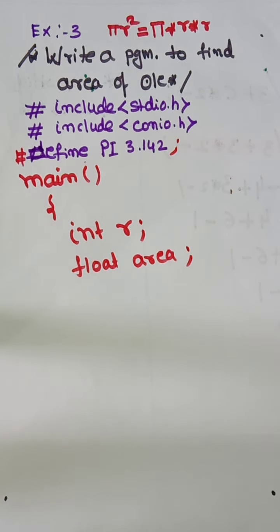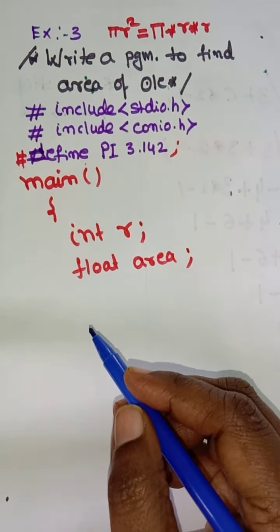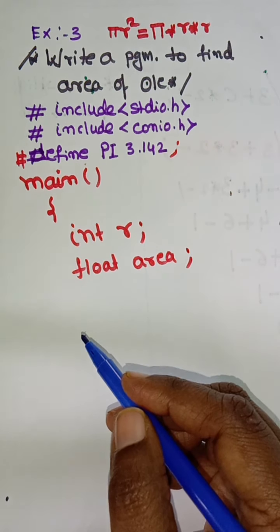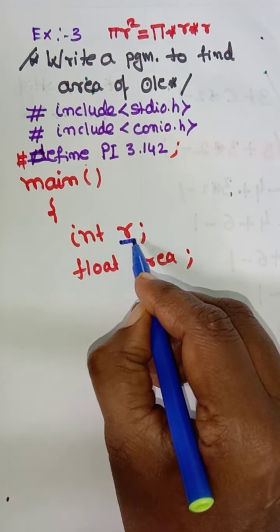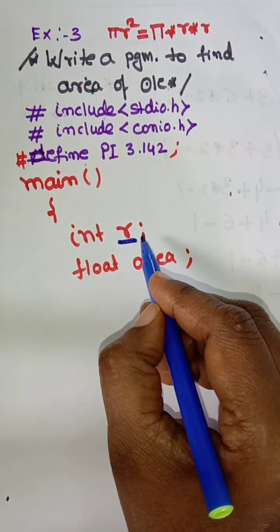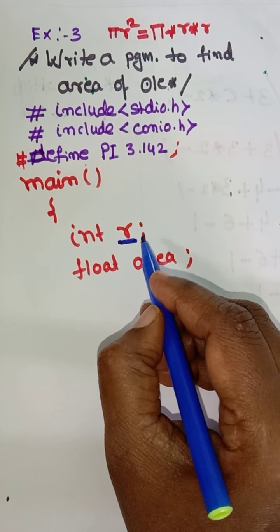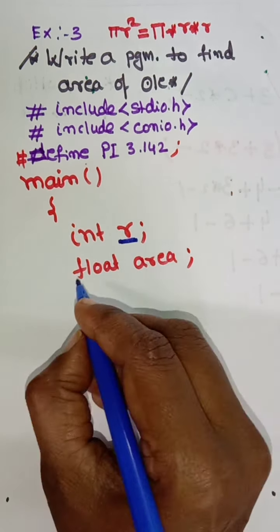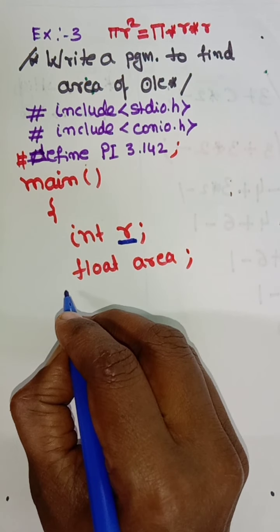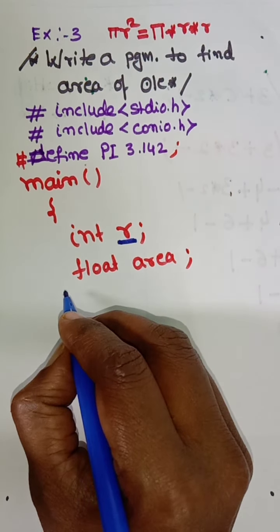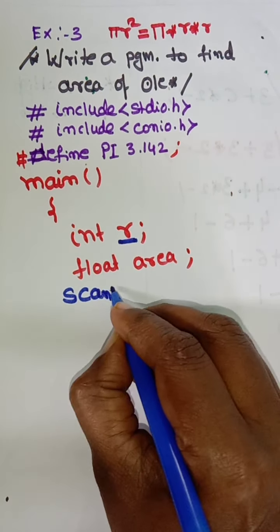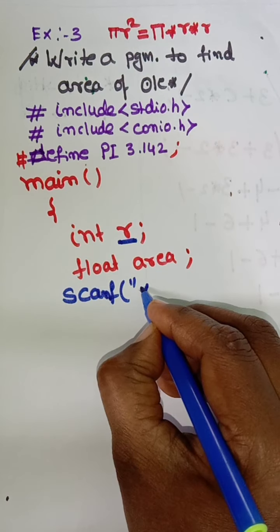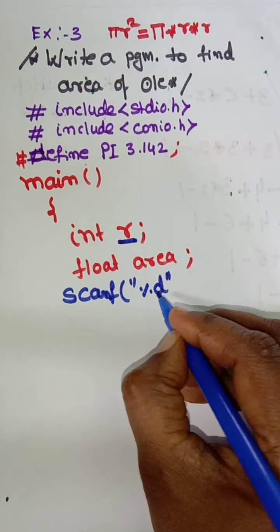Okay. Now let us write the expression for this one. But before writing the expression, we should know the value of the r. Correct? Once again, you are going to read the value using the scanf, or you can assign directly. So if I want to read the value from the keyboard, means we are using the input statement that is called scanf. What I should take here? Percentage d. Why?